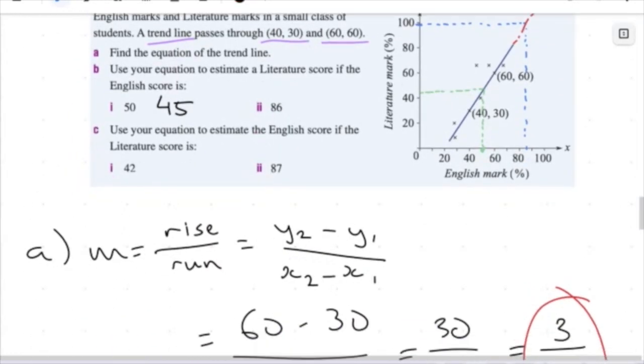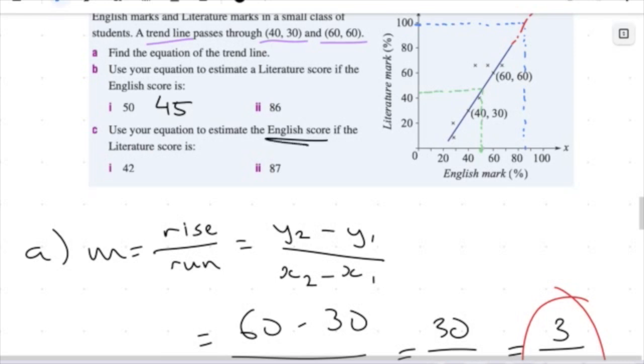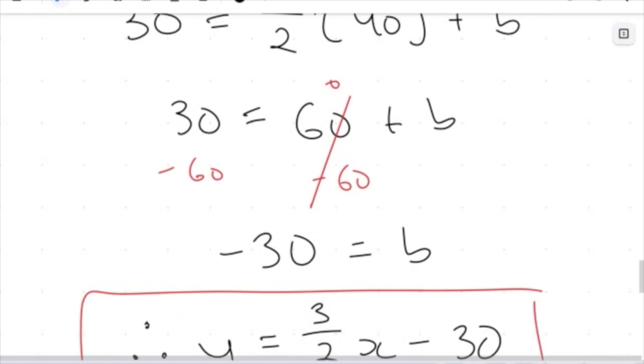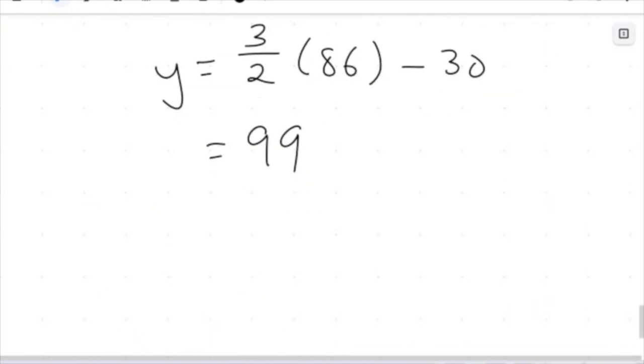Here, we're trying to find some English scores when given a literature score. So for the first bit, it's telling us to use our equation to estimate the English score if the literature score is 42. So we're looking at the literature score now, so we want to substitute in for the y. So for part C, we want to sub y equals 42 into the equation.